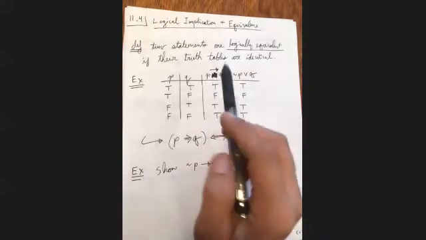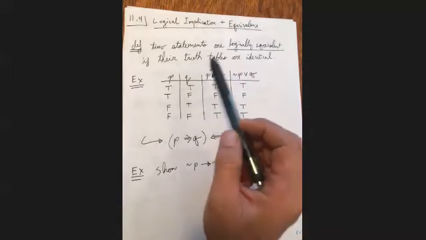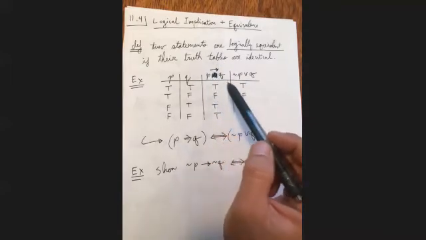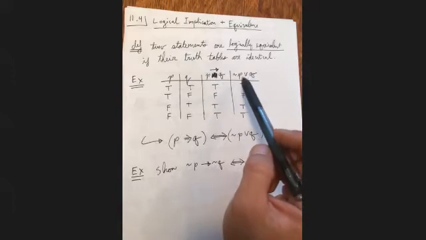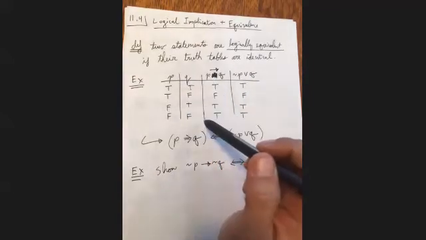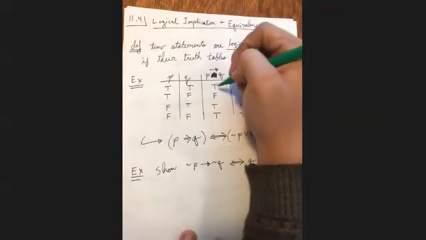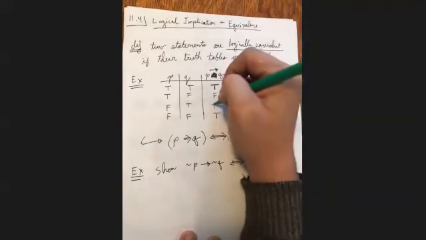We want to compare and contrast the truth values of P implies Q with not P or Q. So we draw up a truth table, and then we look at the outcomes for the two different statements.